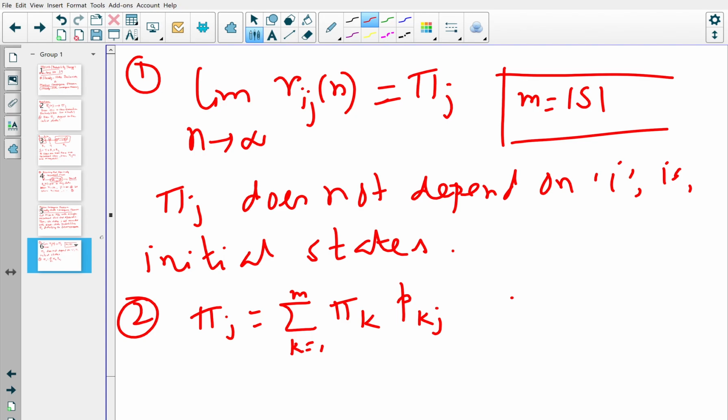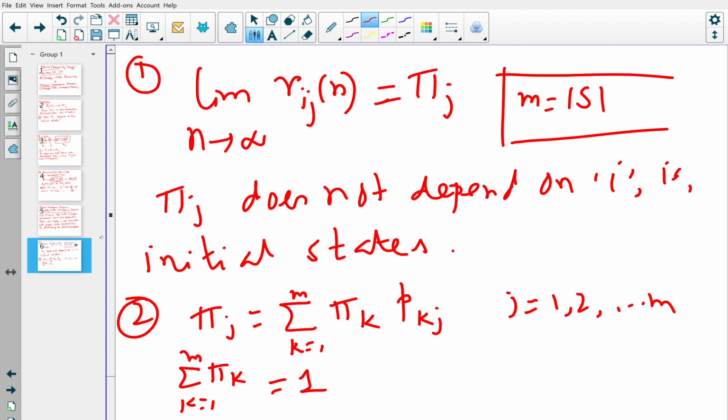This is true for all j equal to 1 to m. And obviously, when you take the sum over the pi k's, k equal to 1 to m, this sum has to be 1.